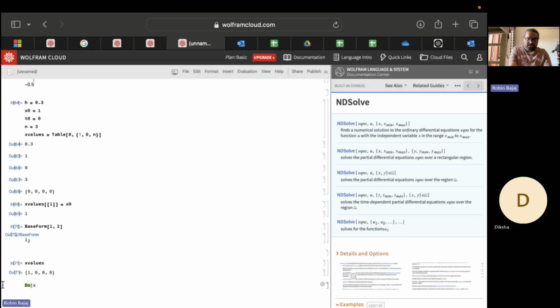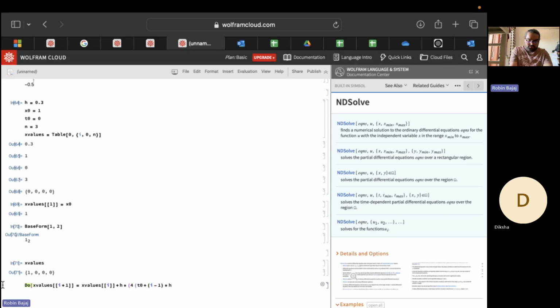Our condition, which is x values at i plus 1 equal to x values at i plus h times, which is 0.3 we will be using, h times our 4 times t naught plus, we have to update it by i minus 1 into h.